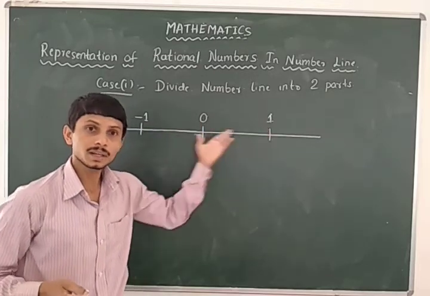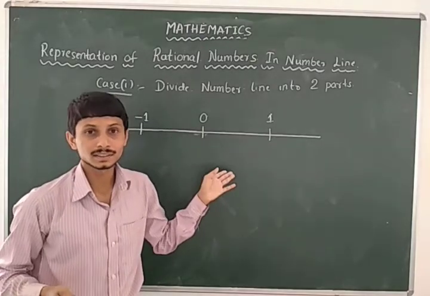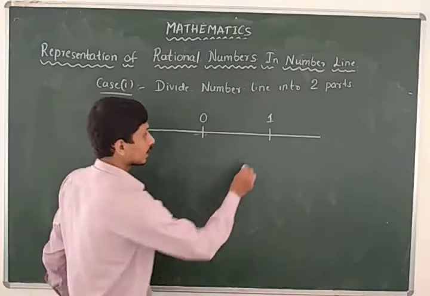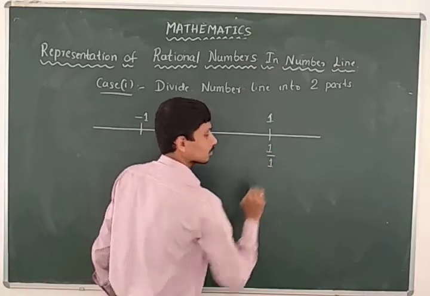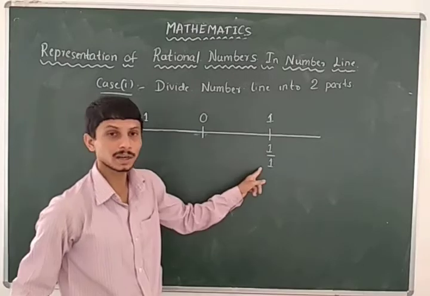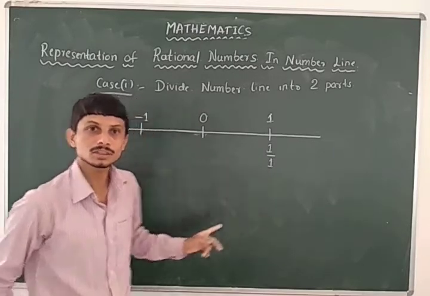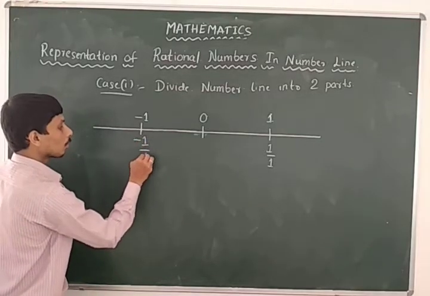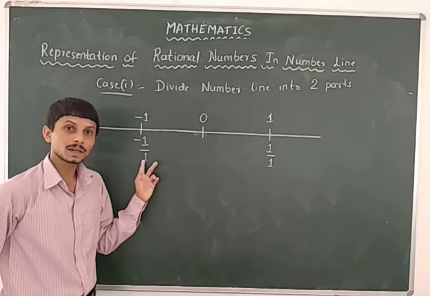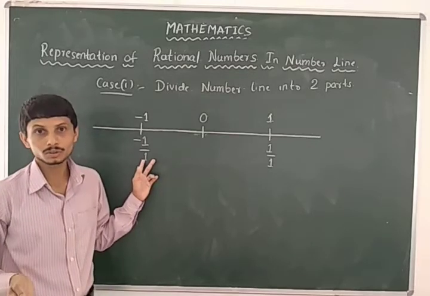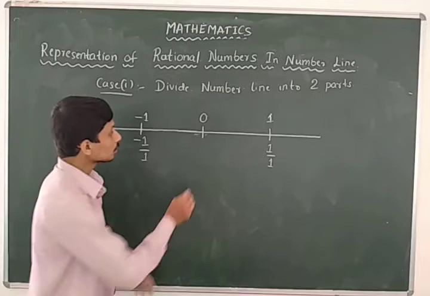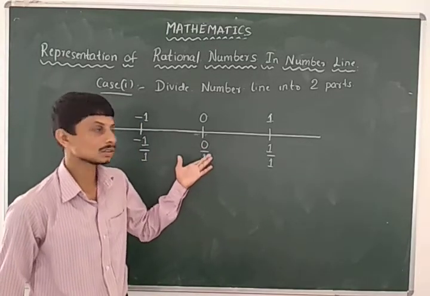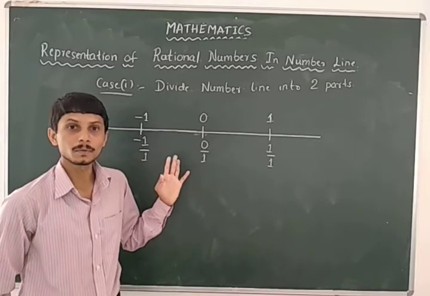In rational numbers we are representing just the integers, but we have to convert these integers into rational numbers. 1 can be represented as 1 by 1, that is p by q, where p and q are integers and q is not equal to 0. Minus 1 can be represented as minus 1 by 1, also in the form p by q. And 0 can be written as 0 by 1.